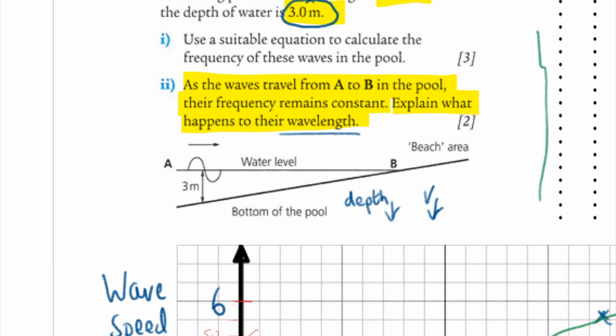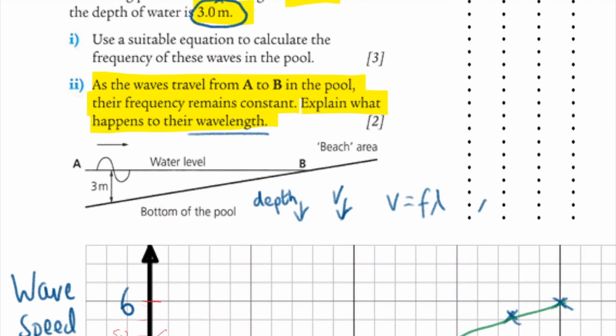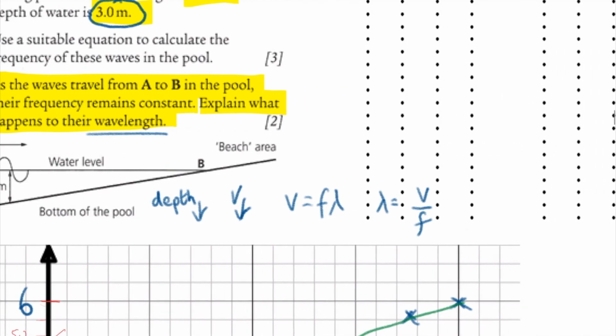Well, using this equation, what we can say is lambda, that's the wavelength, equals the speed divided by the frequency. But because the frequency is a constant, look at all these jumps we're making. I'm going to put arrows in between the jumps. Because the depth is low, the speed is low.